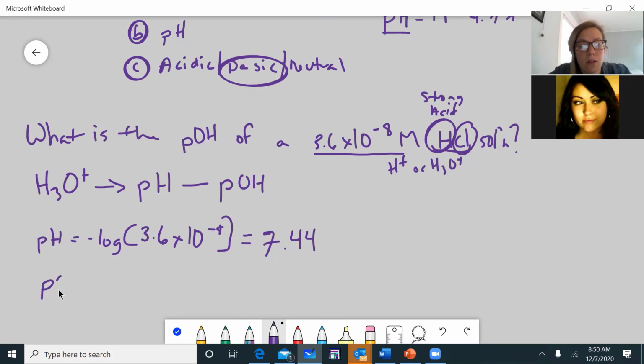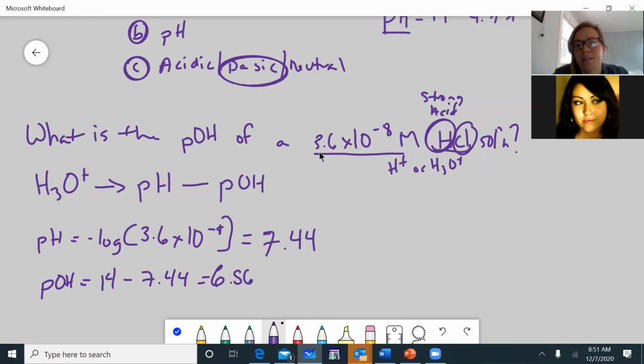So pOH is going to equal 14 minus that, minus 7.44. I end up with a pOH of 6.56. These are pretty close to each other. It's almost a neutral solution, but the base is a little stronger. Yeah, it's a little bit more basic.